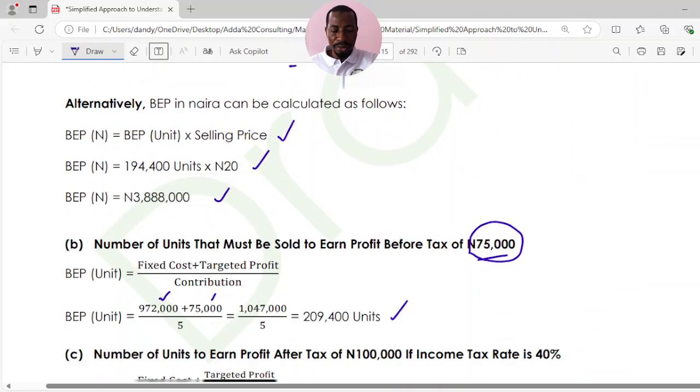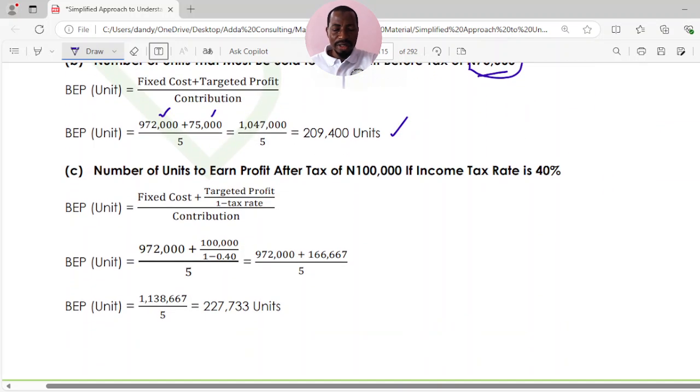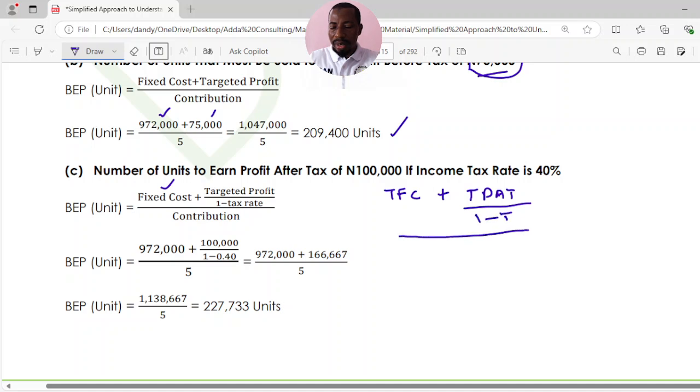So for this purpose, the best formula to use is the total fixed cost plus the targeted profit after tax given to me, divided by 1 minus the tax rate, all divided by the contribution margin per unit.